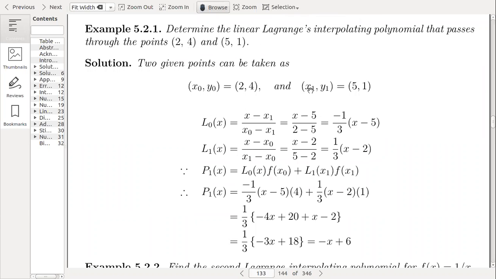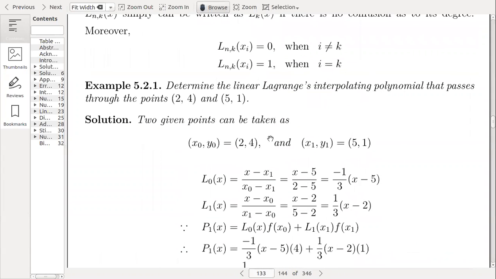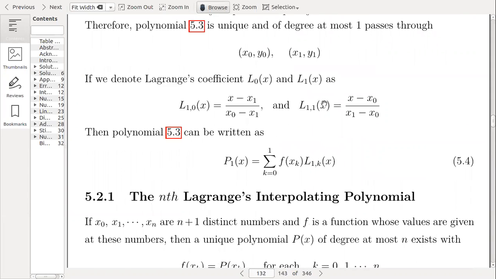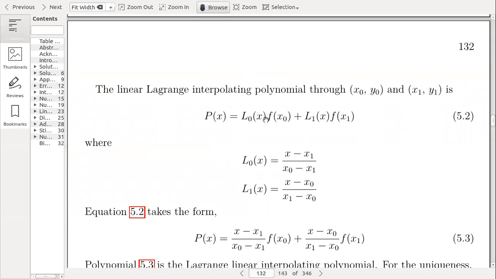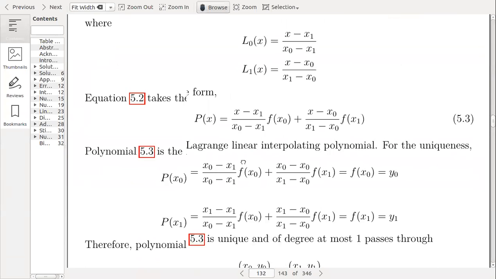So we can write this unique polynomial as we have written here: P1 of x is equal to L0 of x f of x0 plus L1 of x f of x1. So we need to compute these two terms, f of x0 and f of x1, and then we are required to compute these Lagrange coefficients L0 of x and L1 of x.